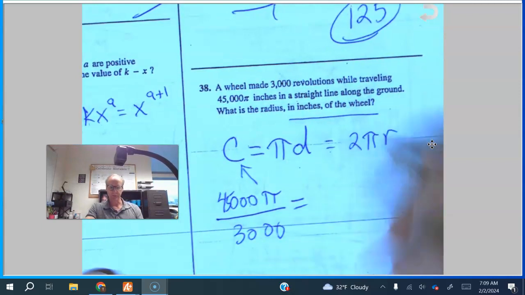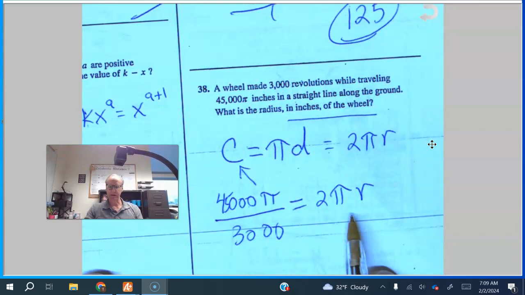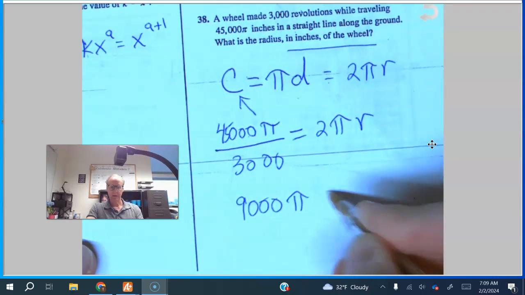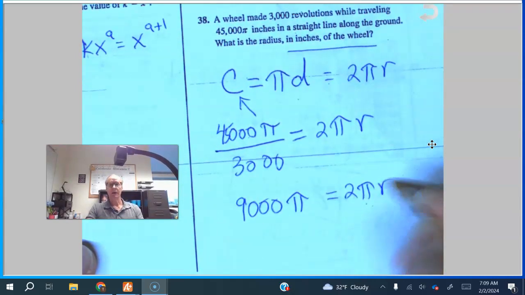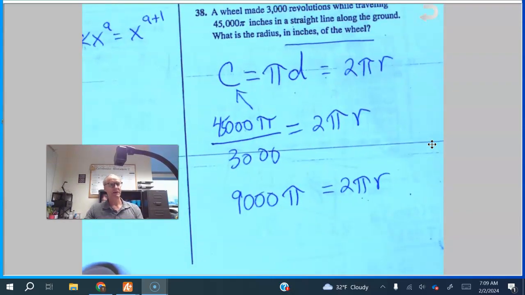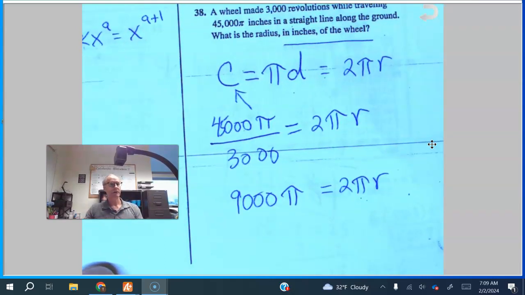This is equal to 2 pi r. In order to get r by itself, I'm going to simplify this side. That's going to be 9,000 pi, and that's 2 pi r. And I'm going to divide by 2 pi on both sides. And I am not going to give you the answer. You'll have to figure it out yourself. And that is going to be the radius of the wheel in inches.